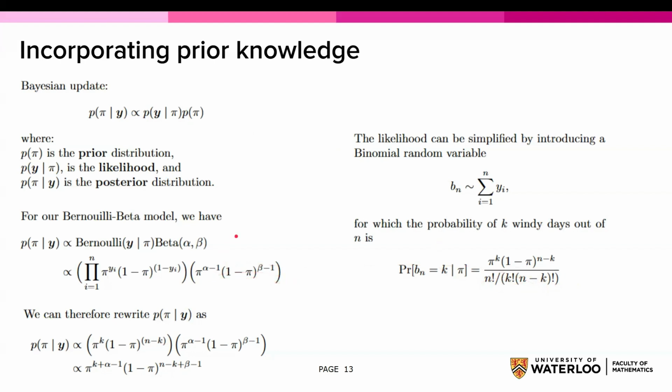And so yeah, the key takeaway message here is that Bayesian updating allows us to refine our estimates in a principled way. So it gives us a more nuanced understanding of the probability of a windy day, given both historical data and the newly observed data.